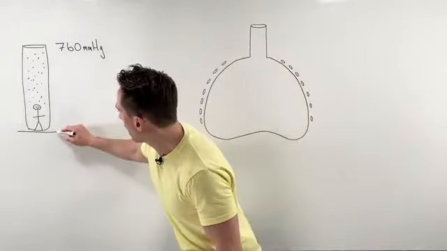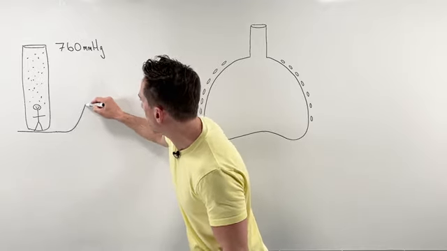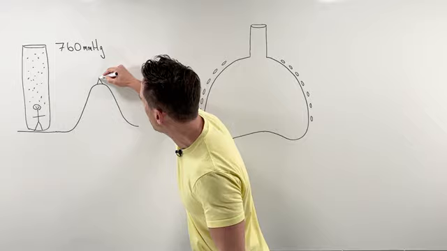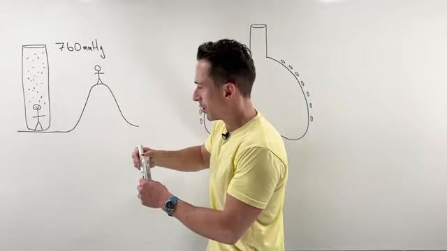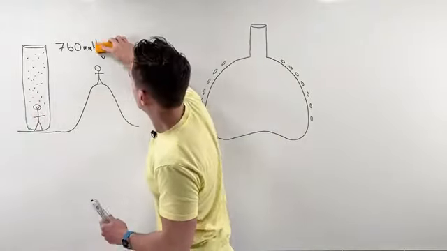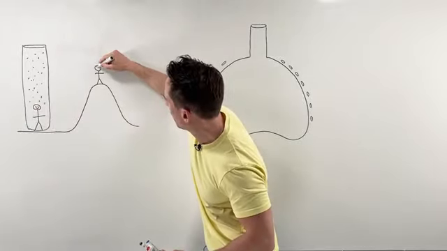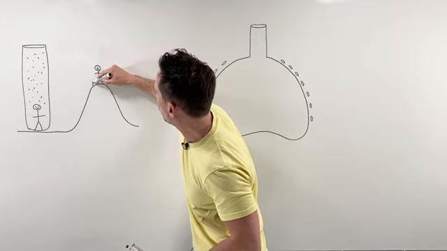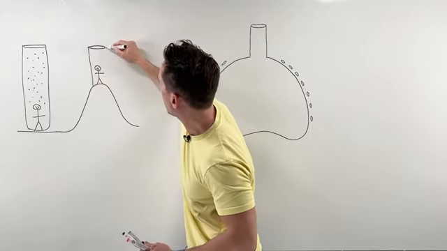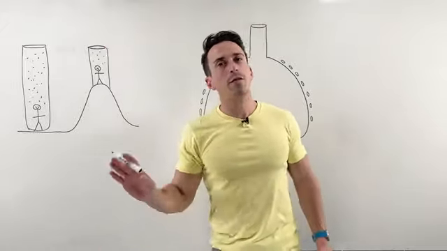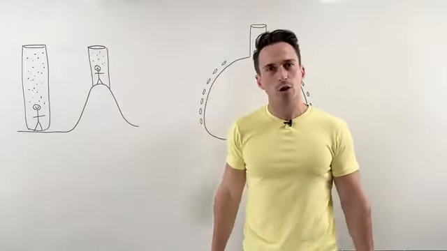So for example, if I decided to climb Mount Everest, and I'm now standing on top of a mountain, and I were to remove this 760 for a second, and now I put a tube around me going up to the same height, there's going to be fewer gas molecules inside of that tube.